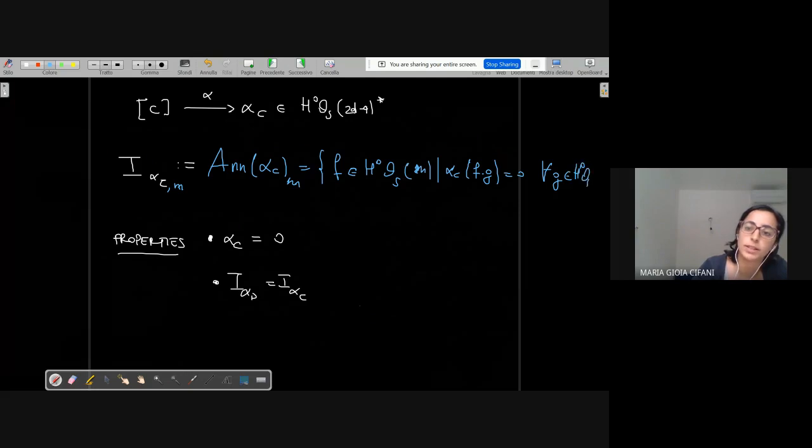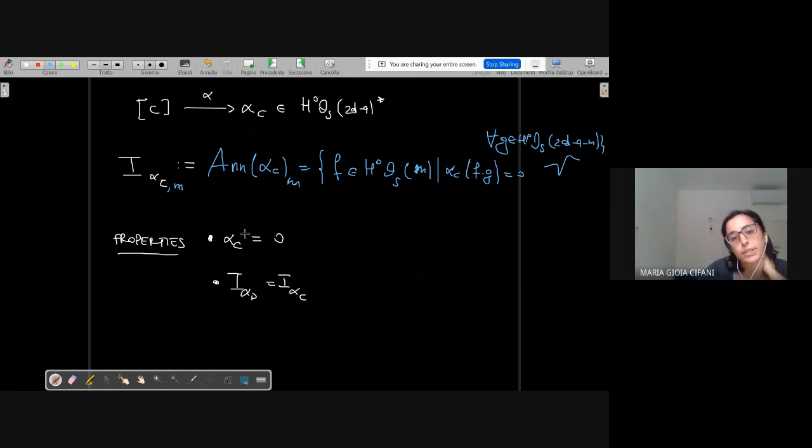So H0, maybe I'll write so, in the dual 2d minus 4 minus m. The product goes to 2d minus 4, and then we apply alpha to go to 0, the kernel of alpha. So the annihilator of this alpha c is exactly our ideal, that we can define also as they did with periods.